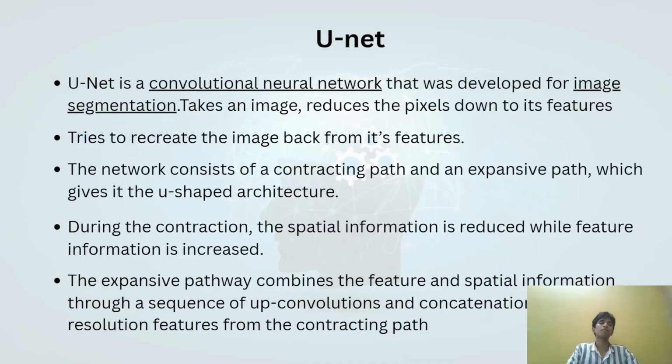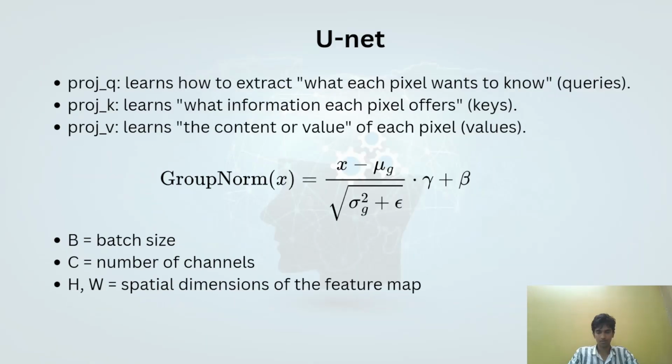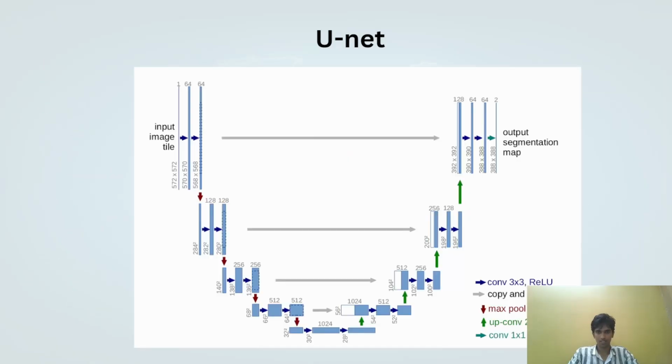UNet. So this is very interesting and the important part of the project, I would say. UNet is a convolutional neural network. It was developed for image segmentation. I would just like to show you a schematic of a UNet. As you can see, there is an input image tile.